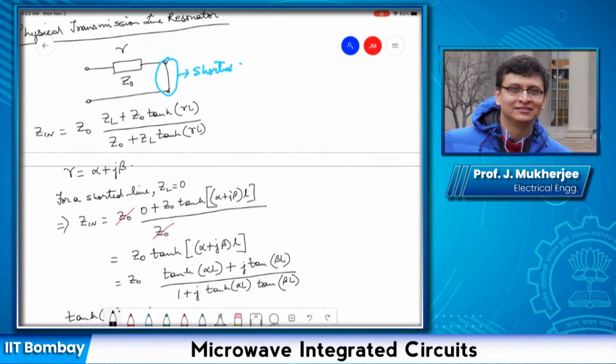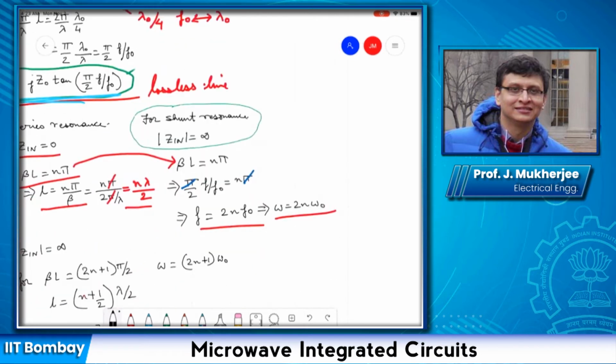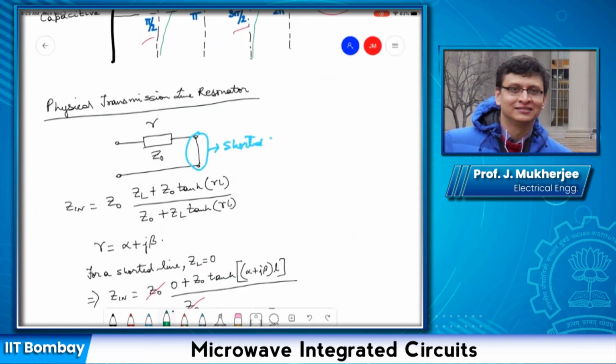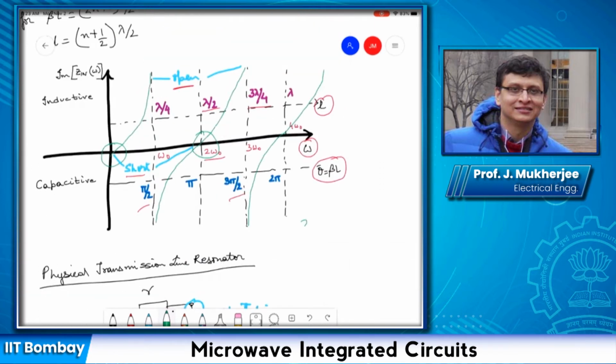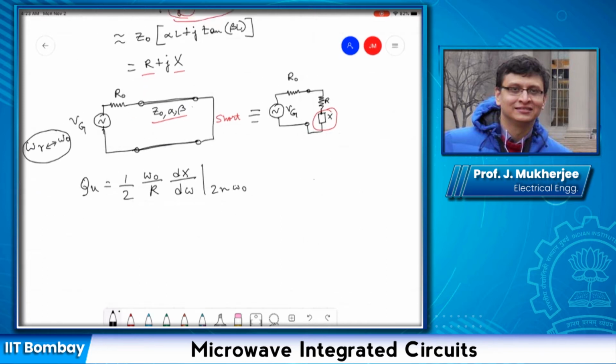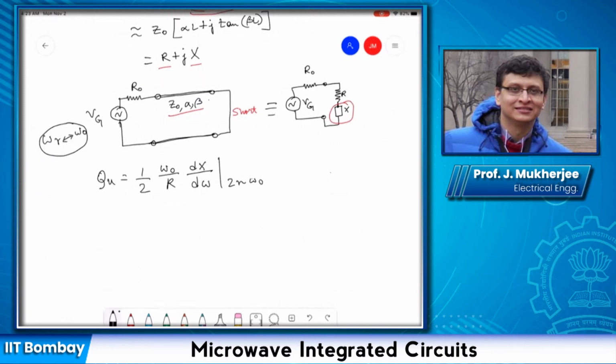But then let's go back to the graph and see that the series resonance happens at either 0, which is a trivial solution, or 2 omega 0, or basically for every even multiple of omega 0. So instead of writing it as omega r or omega 0, let's write it as 2n omega 0.